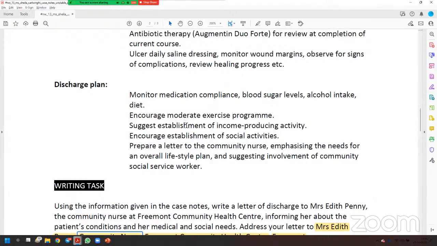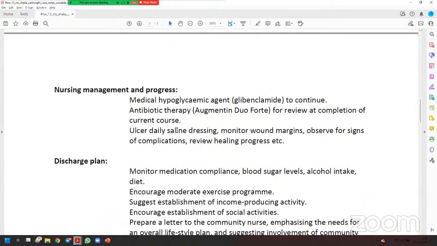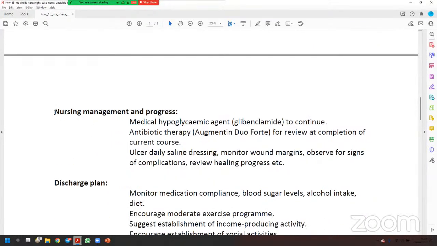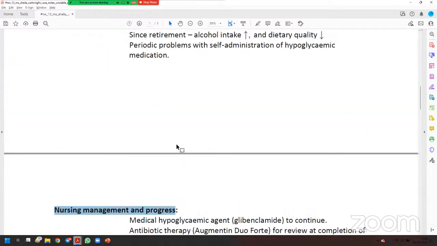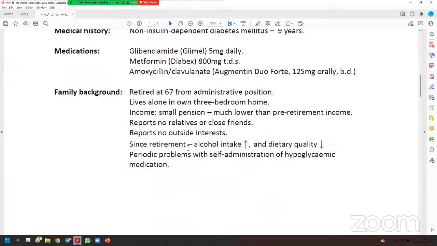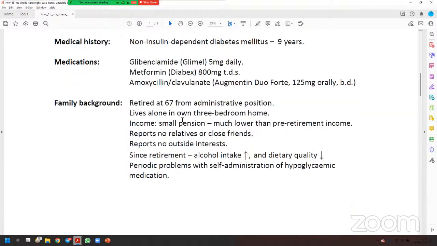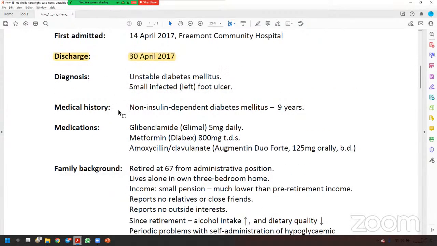The next one, during hospitalization. What happened? So she was admitted. The first one is the admission stage.